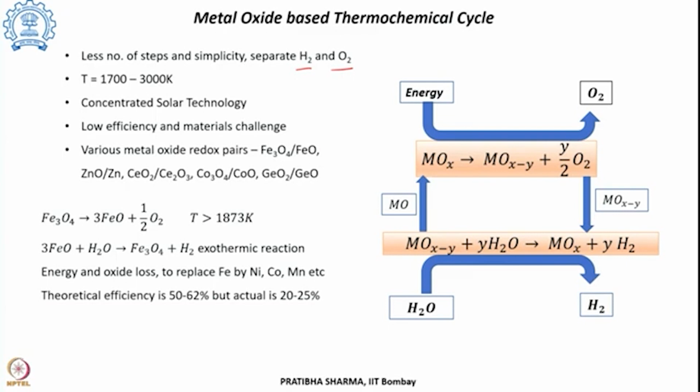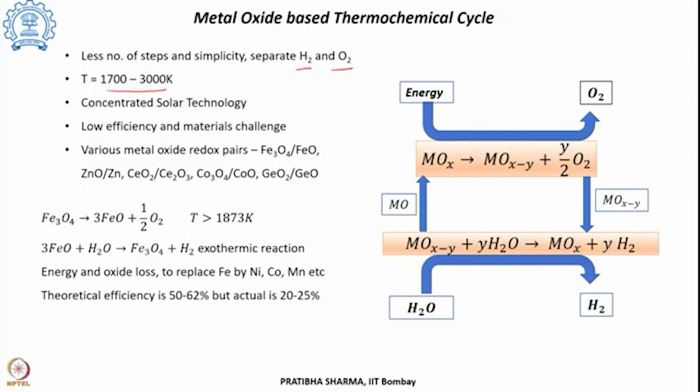However, the temperature of operation for these cycles is high, 1700 to 3000 Kelvin, and this temperature could be obtained from concentrated solar technology using various heliostats concentrating onto a receiver on a tower, and that could be used for undergoing these types of thermochemical cycles.